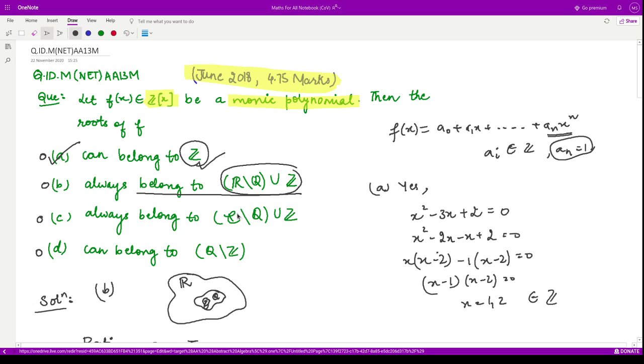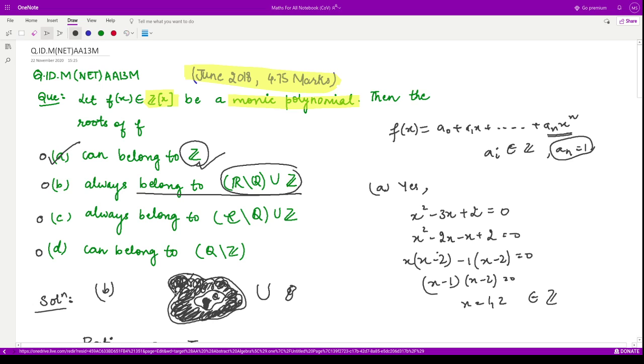So now they are asking R minus Q. R minus Q is basically this set, and this set has been unioned with this small set Z, the set of integers. So now they are asking whether our roots always belong to this set or not.